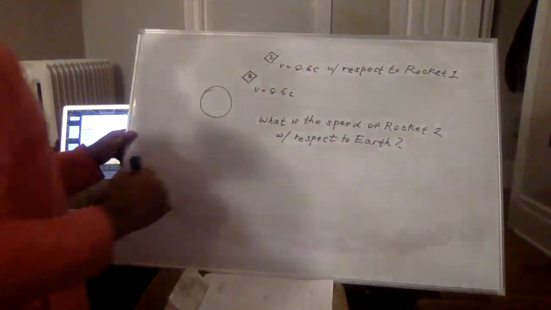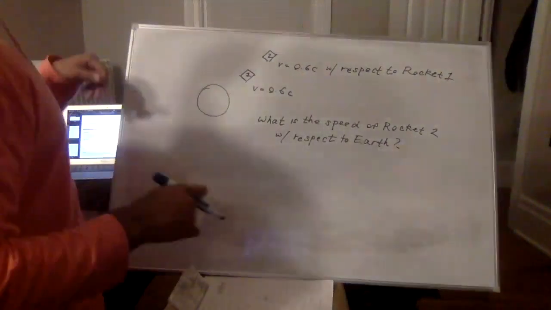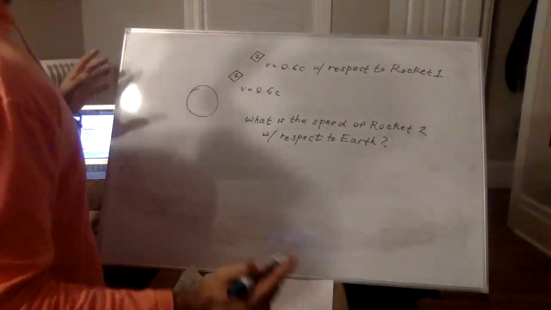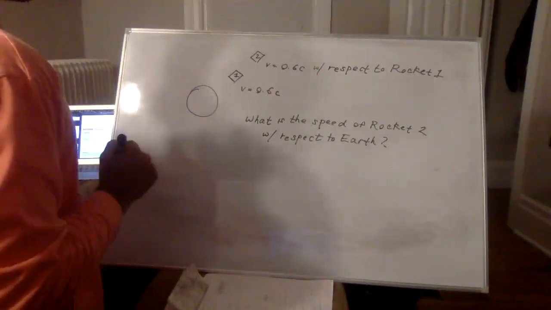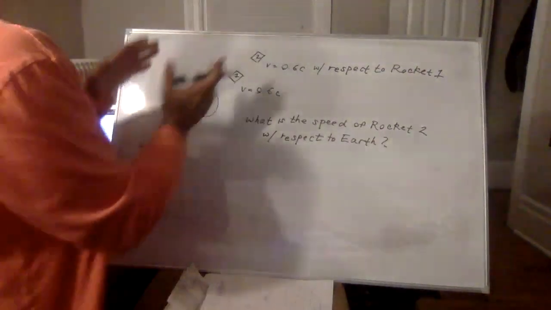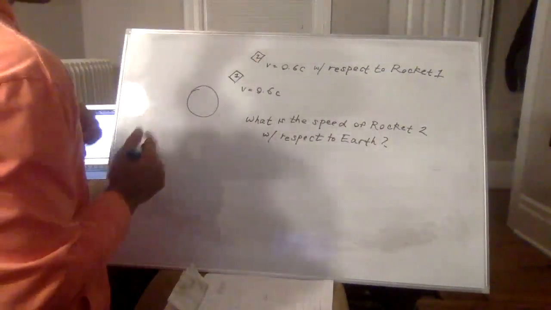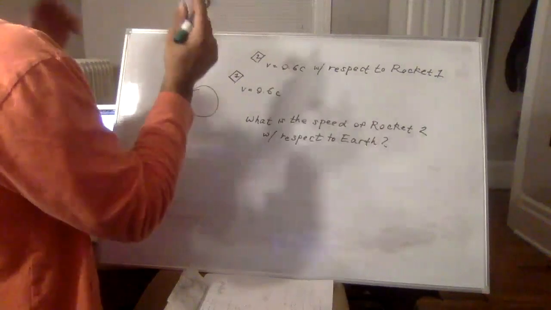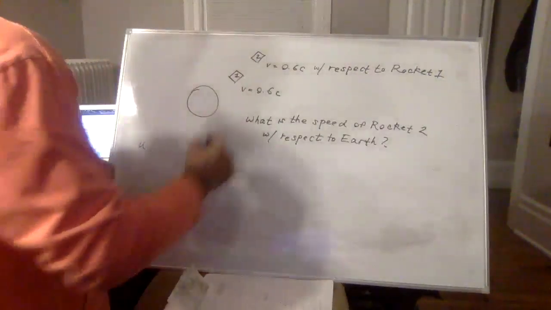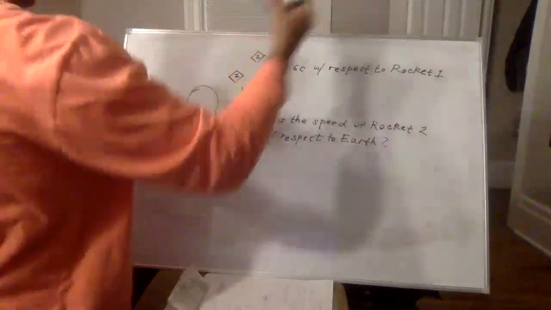Let's figure out what our moving reference frame is, what our standard reference frame is, what is moving and what's not moving, and then work from there. Let me write down the equation. So u of x. We'll assume this is all on a straight line, so we can just use x as the axis.